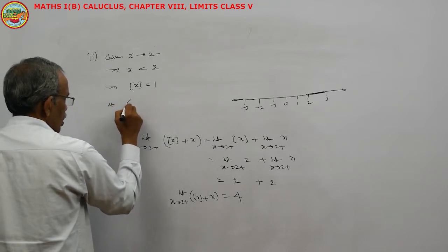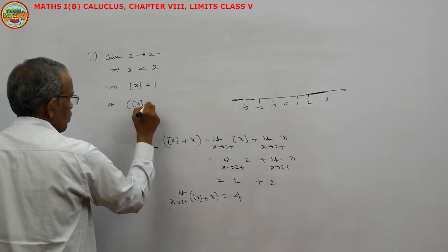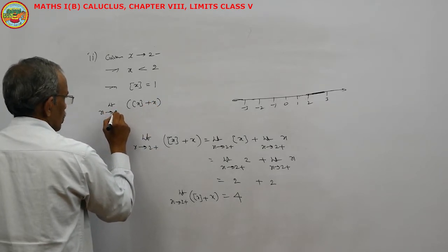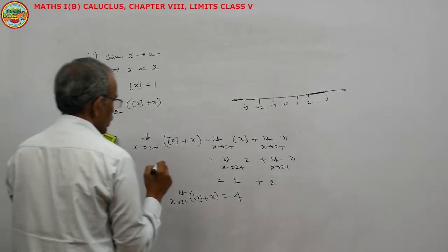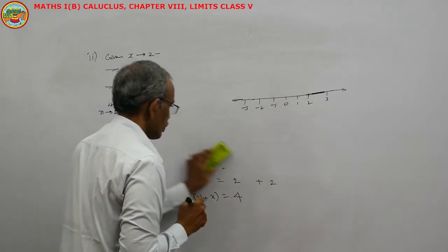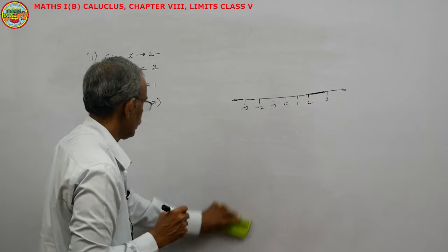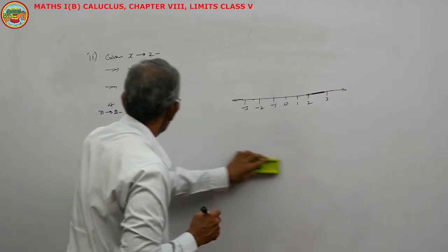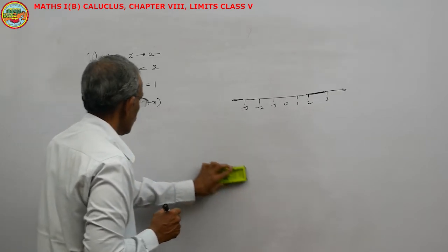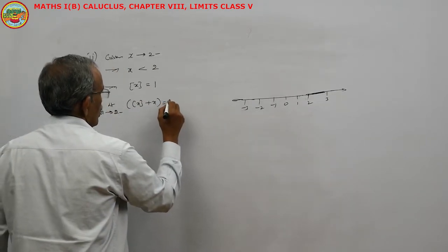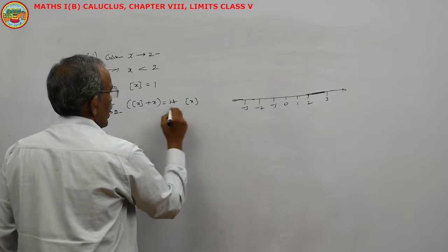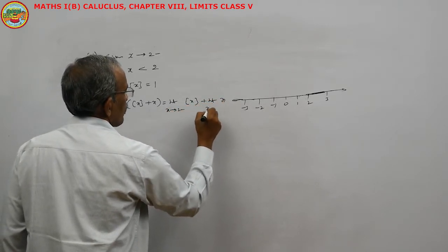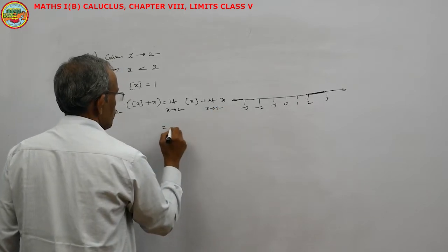Therefore, limit of step x plus x as x tends to 2 minus is equal to limit of step x as x tends to 2 minus, plus limit of x as x tends to 2 minus.